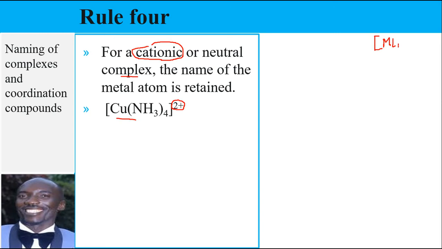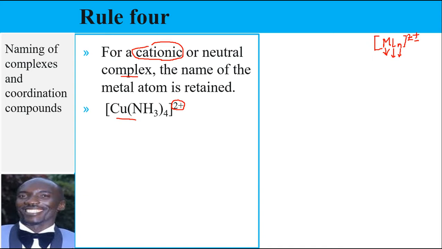It is like this, whereby M stands for the metal atom, N stands for the number of ligands, then Z stands for the overall charge.